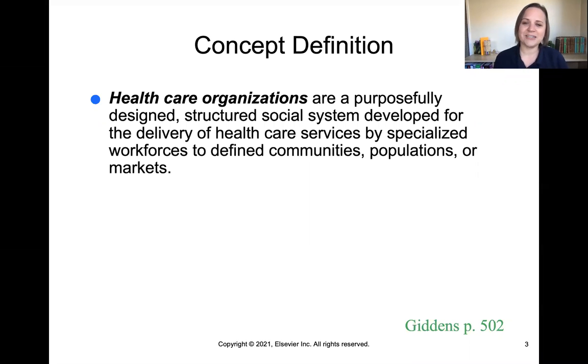But the definition here is that they're purposefully designed, structured social systems developed for the delivery of healthcare services by specialized workforces to defined communities, populations, and markets. In other words, each healthcare organization really has a niche market. They have a specific patient population or community that they intend to serve. And everything they do in their system is really structured to engage with that specific community or population.